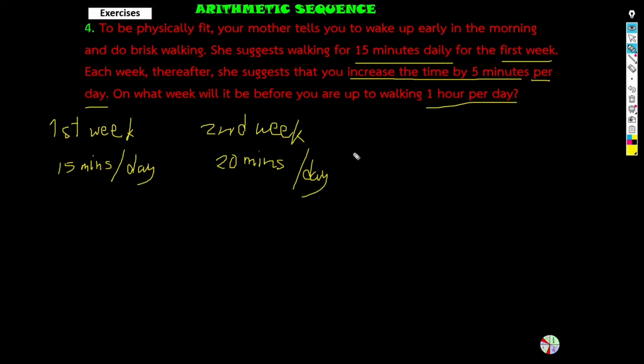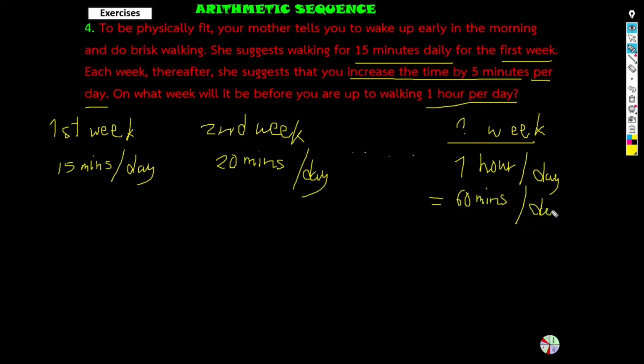So the question is, which week is this? This is n, that you will be walking 1 hour per day, which is the same as 60 minutes per day. So we're going to find n.